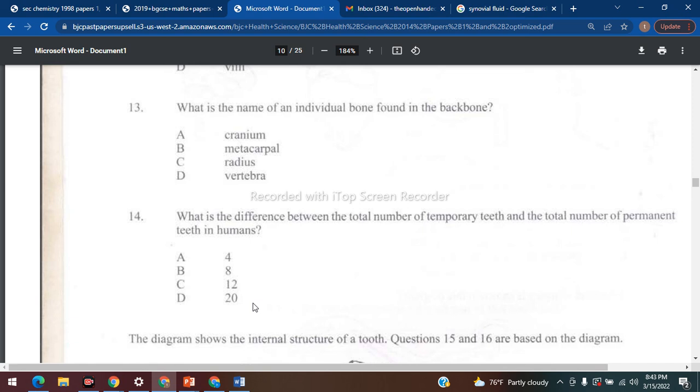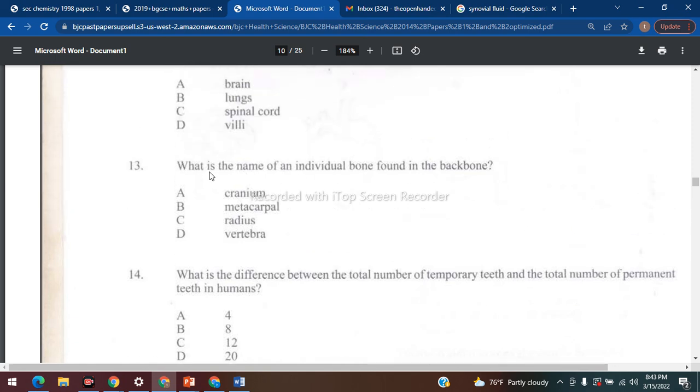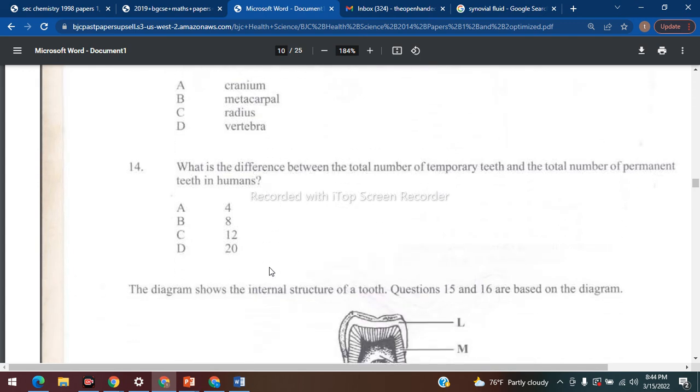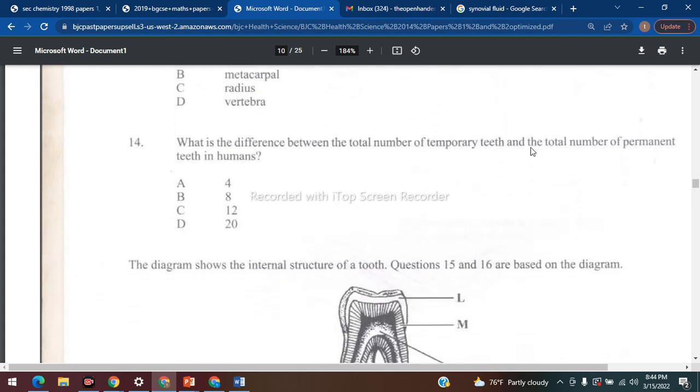What is the difference between the total number of temporary teeth and the total number of permanent teeth? Hold on, but you skipped a question. Number 13, sorry. What is the name of an individual bone found in the backbone? Vertebrae. Very good. Back to the teeth question.